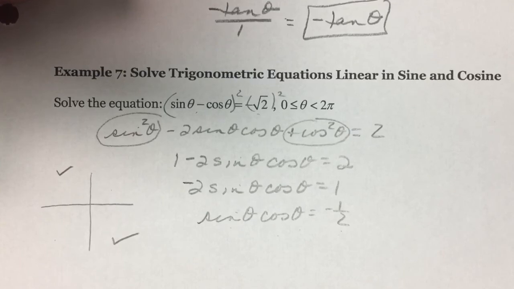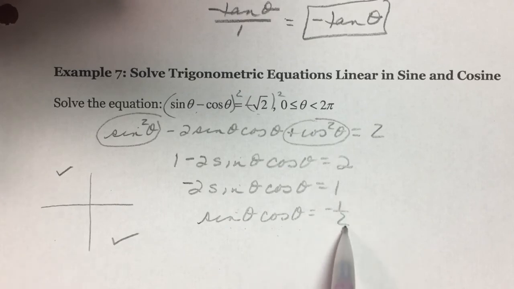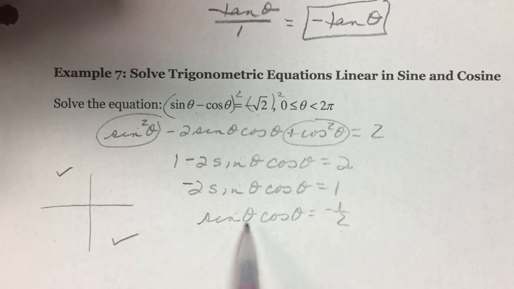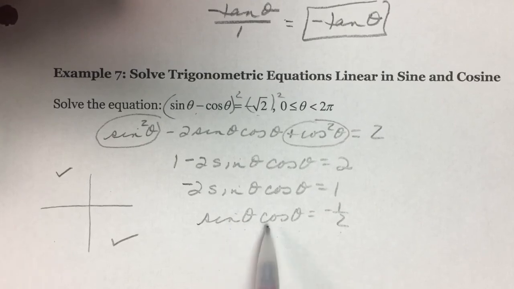Okay. So I hope you can also see that if I am multiplying a sine and a cosine, I can't multiply like root 3 over 2. Anything that deals with root 3 over 2, I'm not going to end up getting negative 1/2 as an answer. Because remember, all I'm doing is I'm looking for an angle that when I multiply its sine and its cosine, I'm going to get negative 1/2.